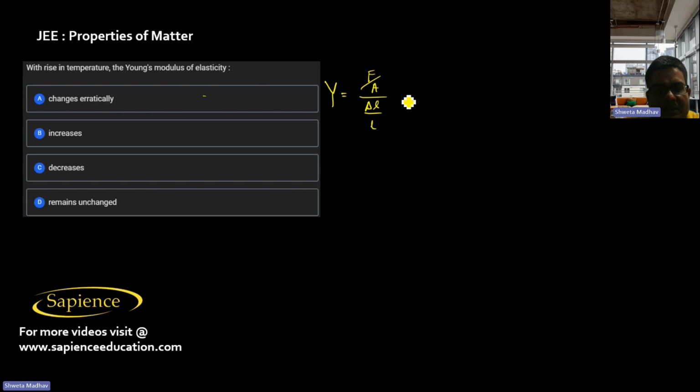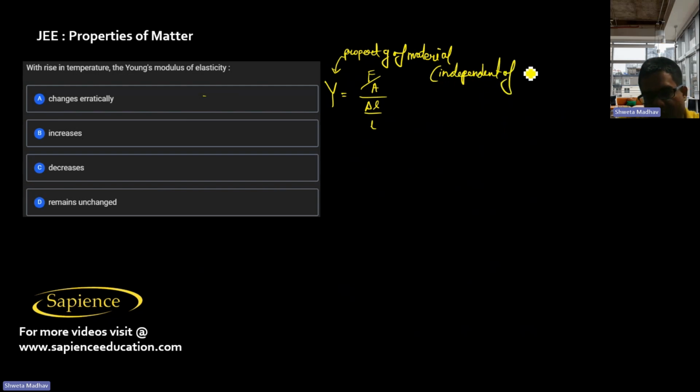Now with rise in temperature, the strain will not change. Actually Young's modulus is a property of the material, so it is independent of temperature.